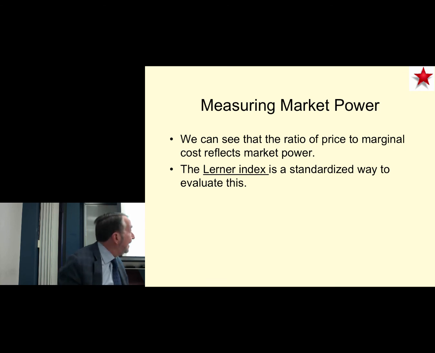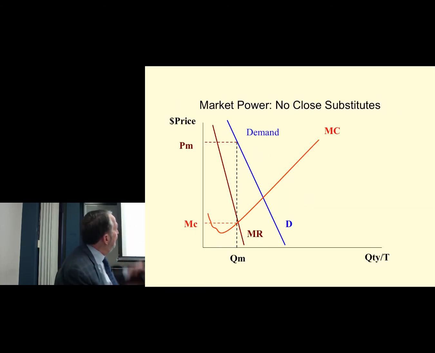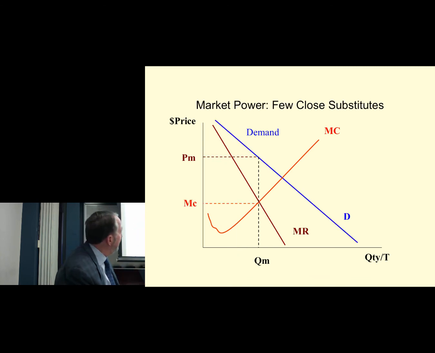So looking back at our examples, here, price minus marginal cost is that big area. Divide that by price, and you get something like 80%, like 0.80. Y'all with me? You know, price minus marginal cost is the major portion of price. Here, it looks like it's about 50%.